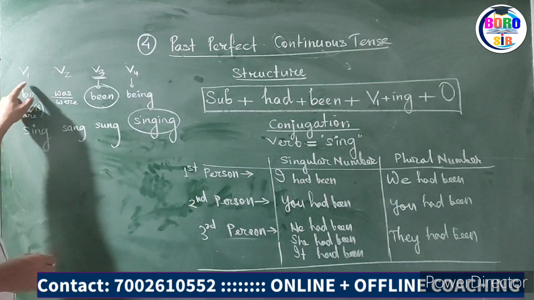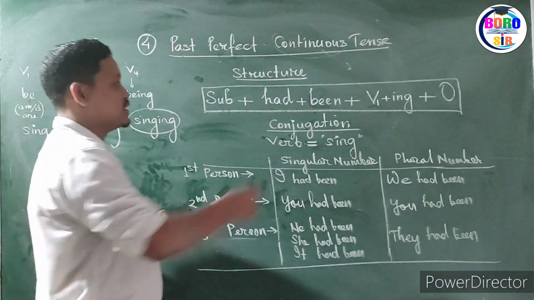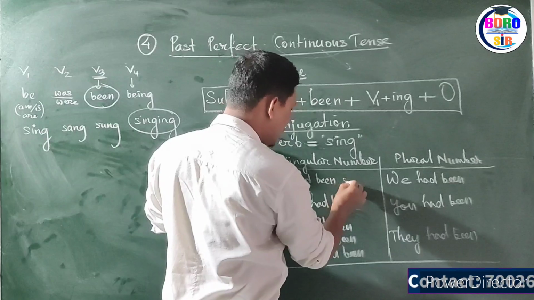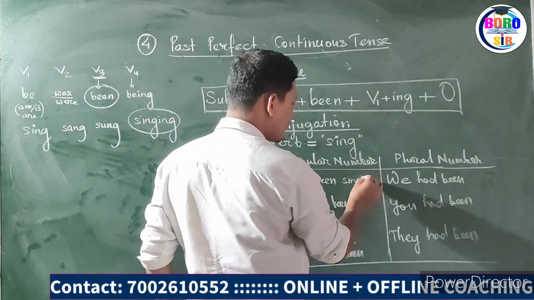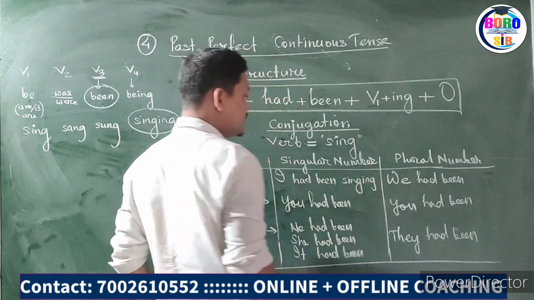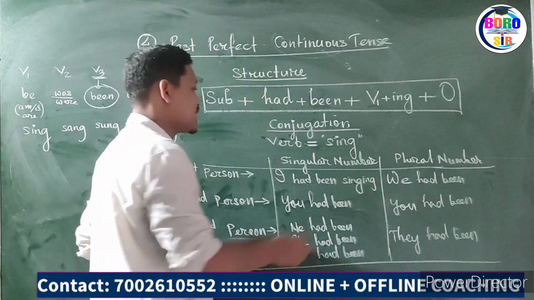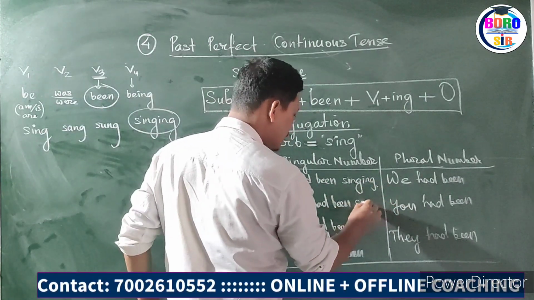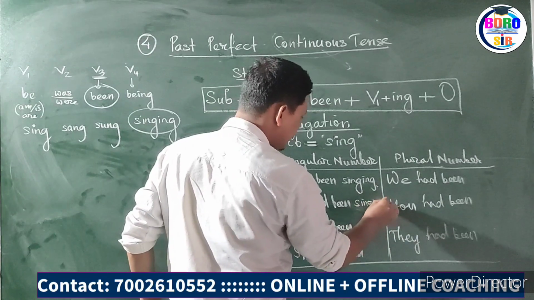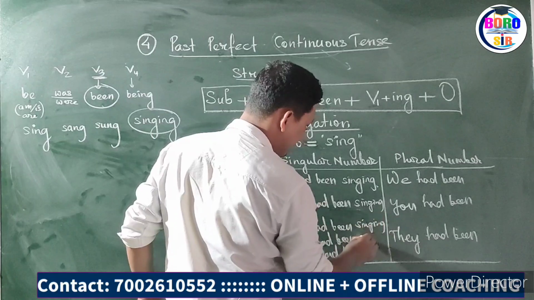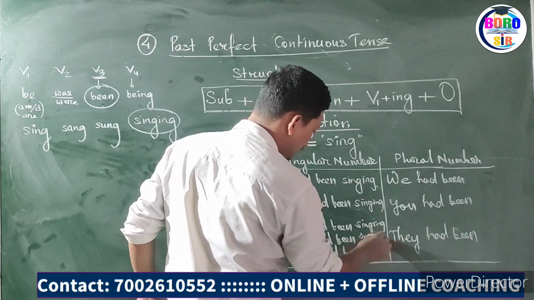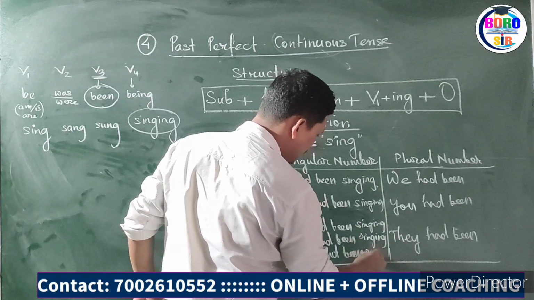Here we are going to write the verb number 1, sing. But remember that ing should be added to the end of this main verb. So it becomes singing. Here also singing. Again singing here. Here also it is singing.